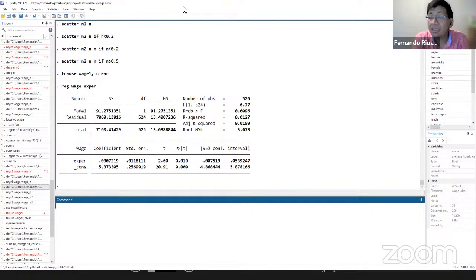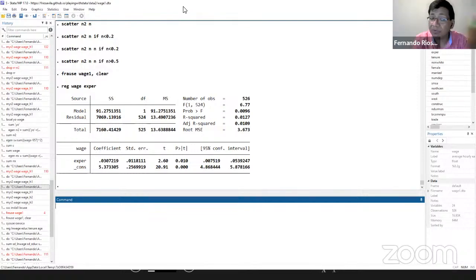What exactly is this model telling you? Any guesses? For the second regression, we will add education as well.